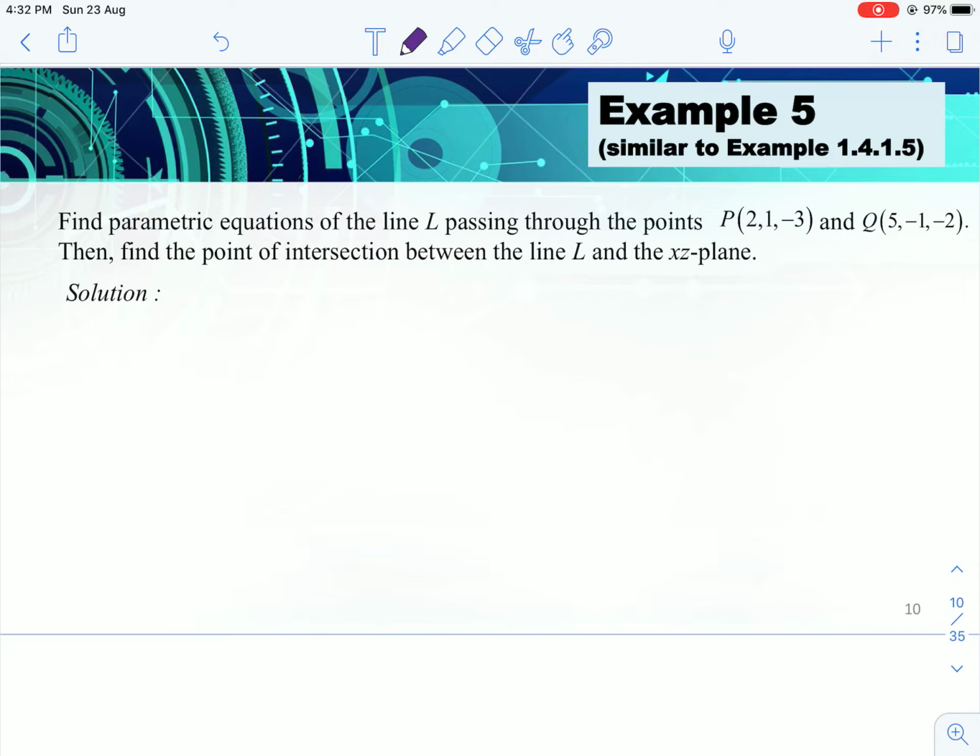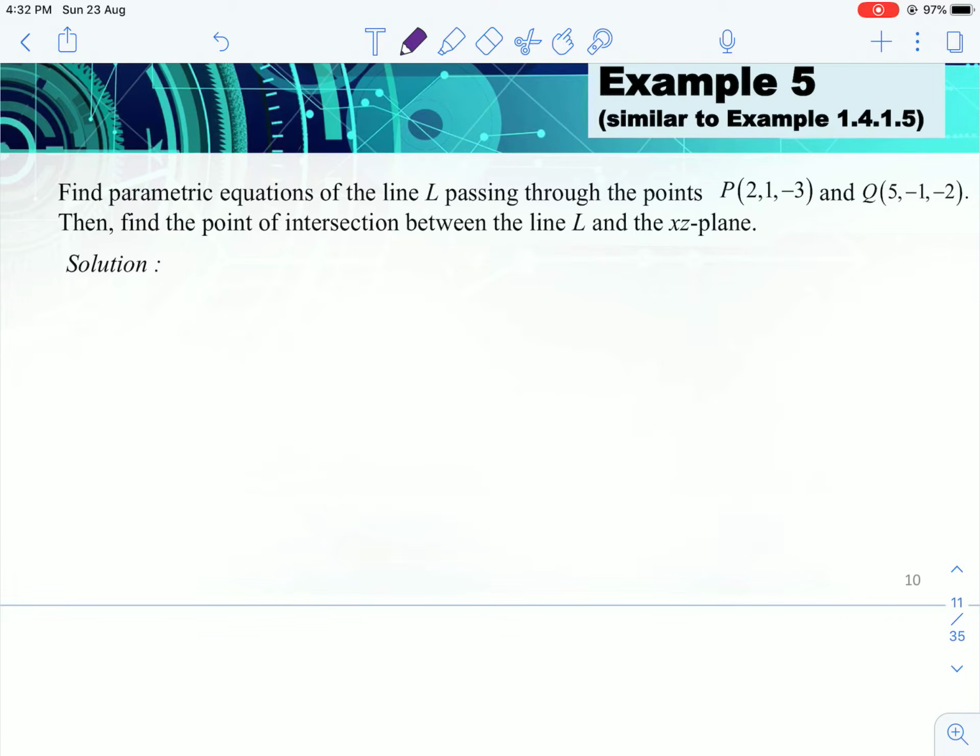Next, example 5. Find the parametric equations of the line L passing through the points P and Q. Okay, we have P (2, 1, negative 3) and Q equals (5, negative 1, negative 2).